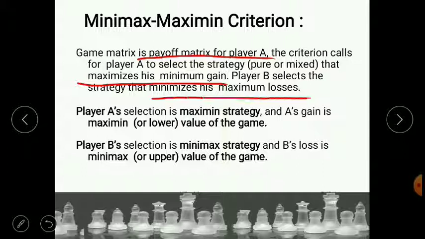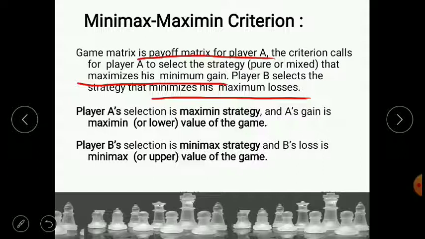minimizes his loss. So it is certain that player A is going to gain or win, but he has to maximize that gain. And it is certain that player B is going to lose, but he has to minimize the maximum loss, right?